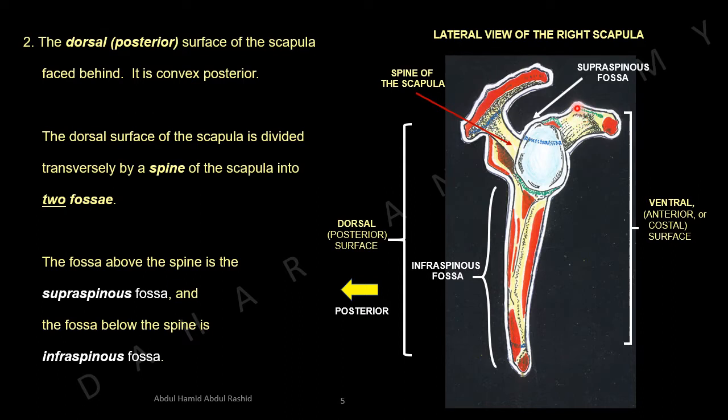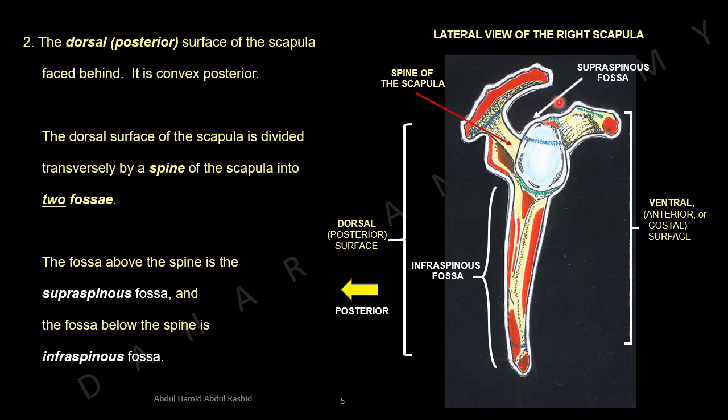The dorsal surface of the scapula is divided transversely by the spine of the scapula into two fossae, the one above and the one below the spine. The fossa above the spine is the supraspinous fossa, and the fossa below the spine is called infraspinous fossa.